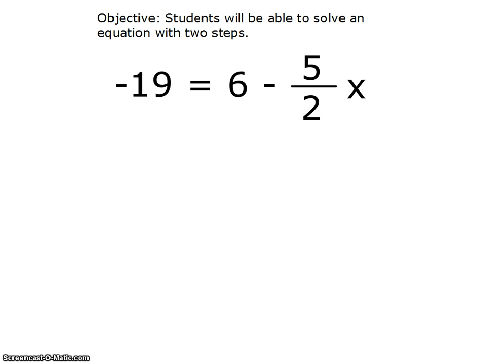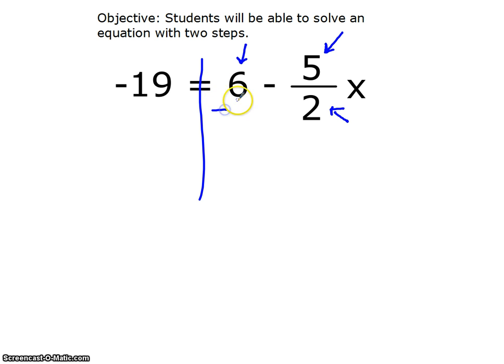Okay, this one looks a little more complicated, but we can do it. So we got a 6, and we got this 5 and this 2. We're going to have to get rid of all of this. But again, we're going to start by getting 0. So this 6 right here, it's a positive 6. The minus is not on the 6. The 6 is positive because there's nothing in front of it.